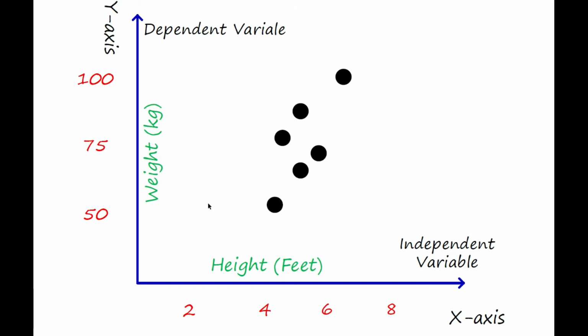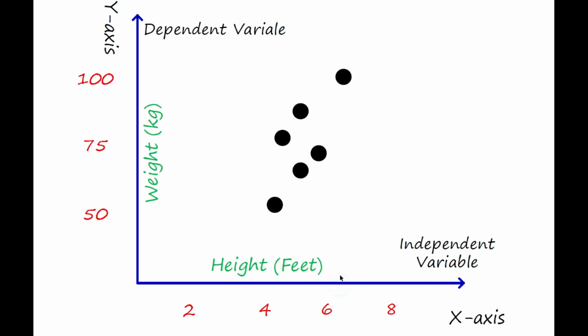So this is the height in feet and this represents the weight in kgs. This specific point represents a person who has a height of approximately 4 feet 2 or 3 inches, because the point lies at that dashed position, and the person has a weight of approximately 50 or something above 50. If we consider this specific point, we check the height on this scale.